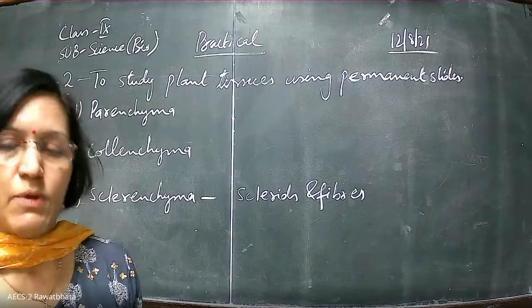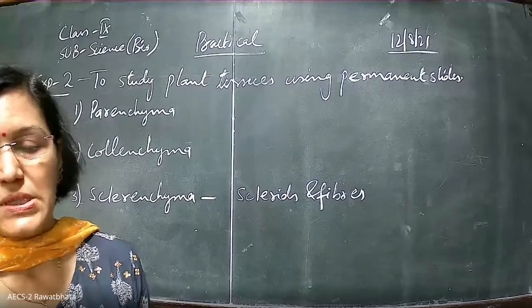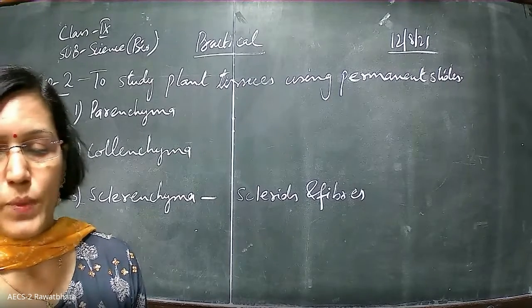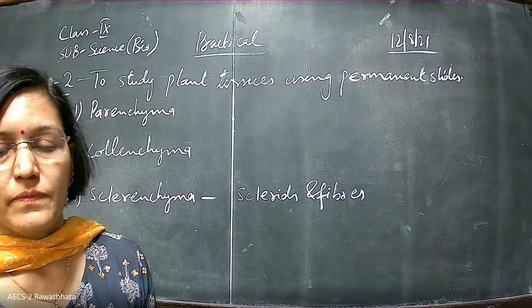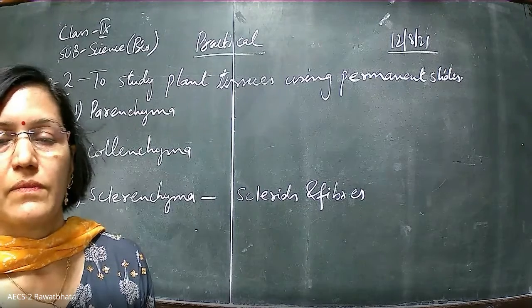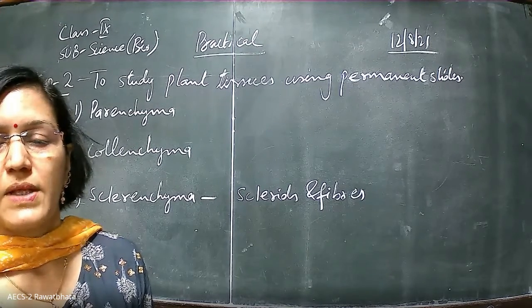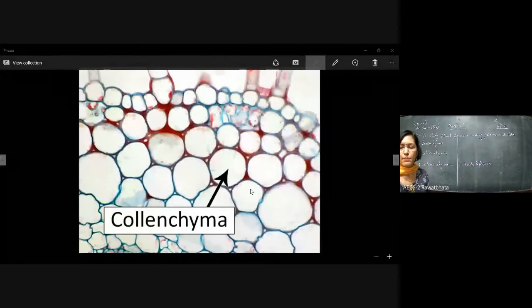That means the diagram, of course, we know, but how the slide basically appears to us in the microscope, because right now we cannot have a live demonstration of the microscope. So here, let's see. This is how collenchyma appears to us.